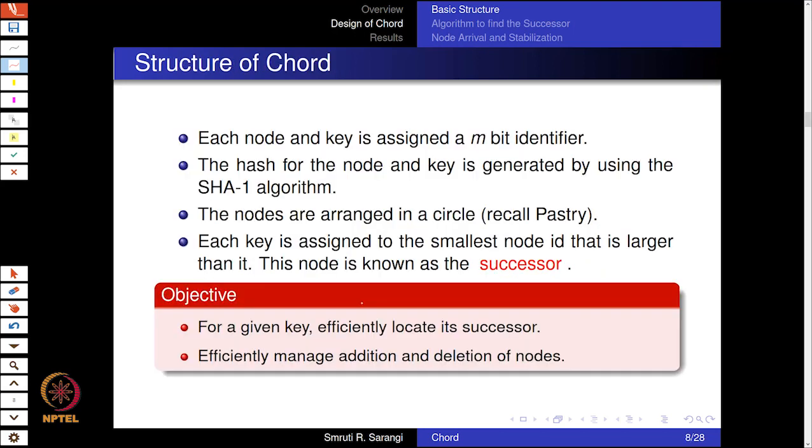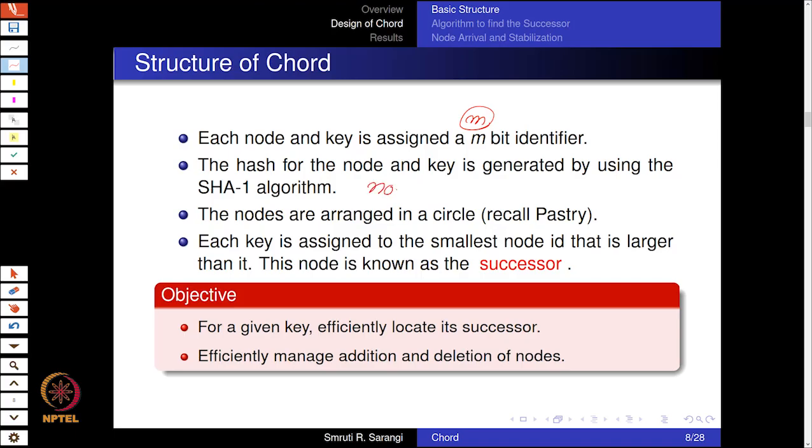So the structure of Chord is like this. It's slightly different from Pastry. Each node and a key is assigned an m-bit identifier. We'll discuss what is the value of m. The hash for the node and the key is generated using the SHA-1 algorithm. It's a very simple hashing algorithm that takes the value of a node, which is essentially the IP address of the node.